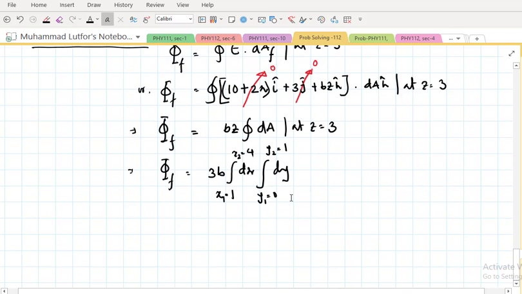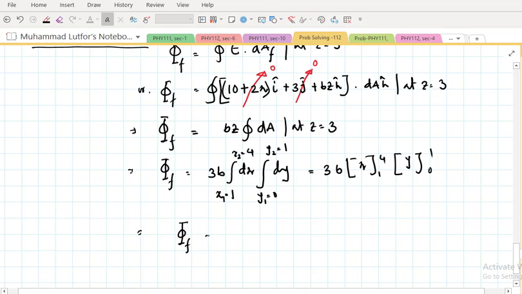That is the limiting value. Then you will find 3b is going to be the x integral from 1 to 4. If you integrate dy, you will find 0 to 1.